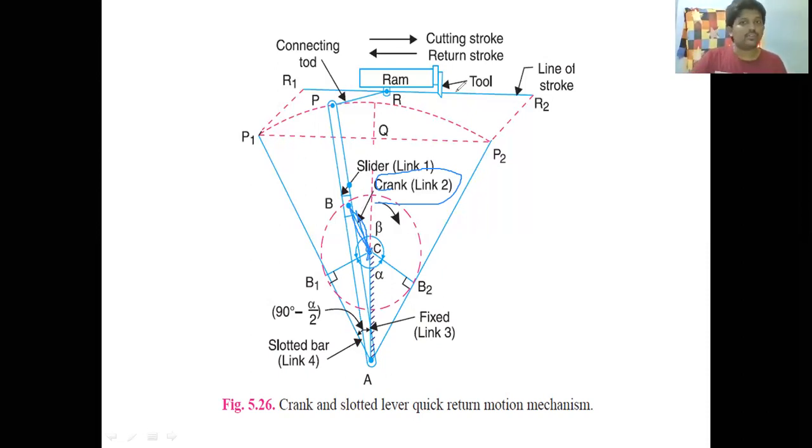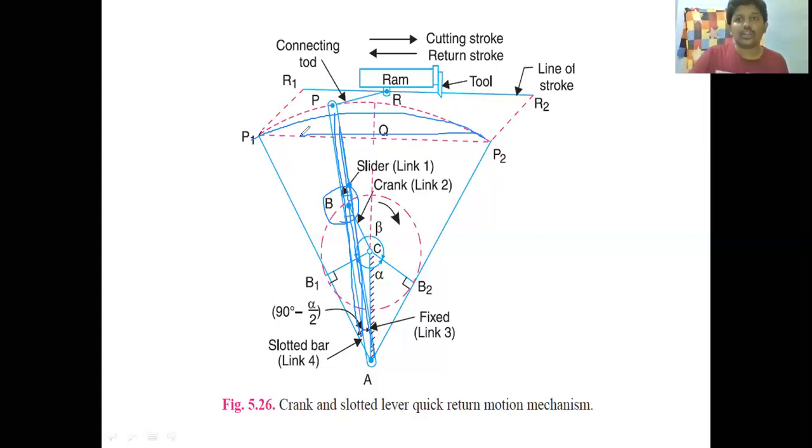Next, what we said: on this crank we have a sliding block at B. This is a slider, sliding freely, which can move along AP. That means it moves along AP. And what happens to this AP? This AP starts oscillating in this way. On this AP we have a slider which moves along at point B. That is what it is.